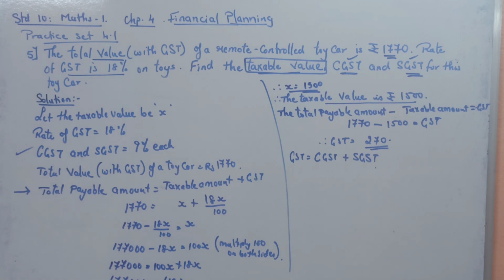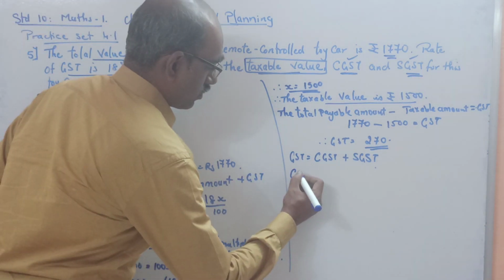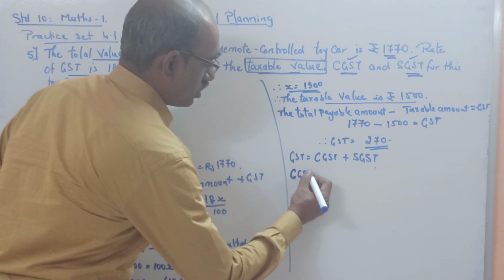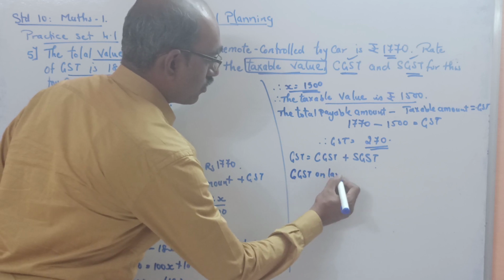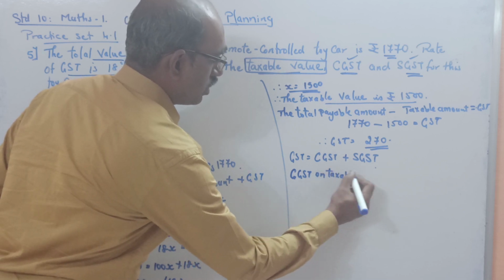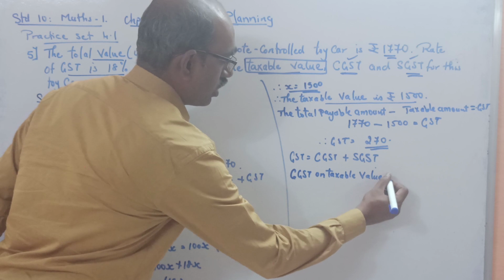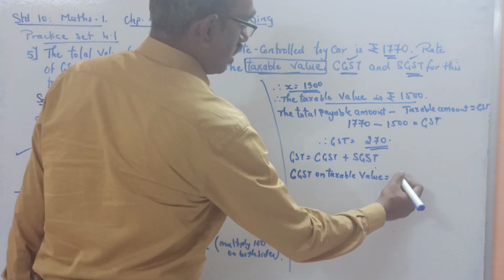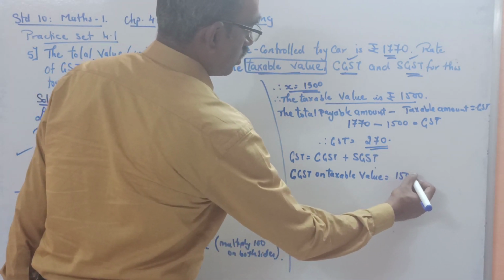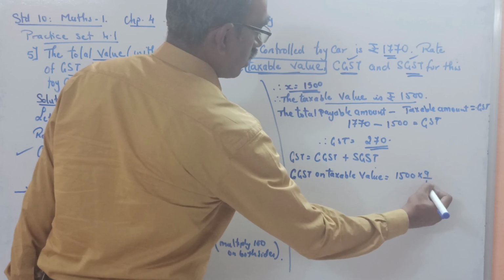Now we'll find out the value for this, how much the person has paid for central as well as the state. Over here we'll write CGST on taxable value is equal to 9 percent of the taxable value, that is 1500 into 9 upon 100.